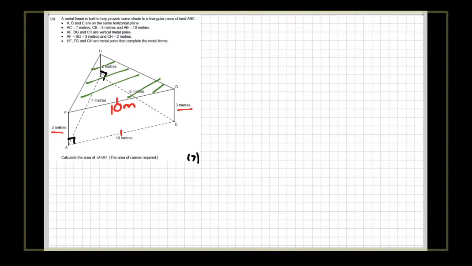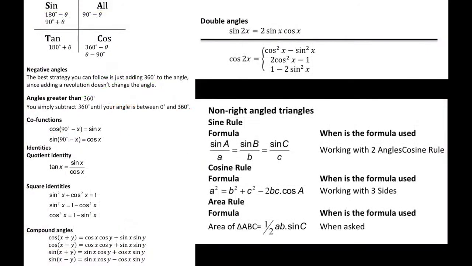Now if I look at my theory for area, the formula for area says that it's a half of AB sine C. In other words, the half of one leg times the other leg times the sine of the angle in between.